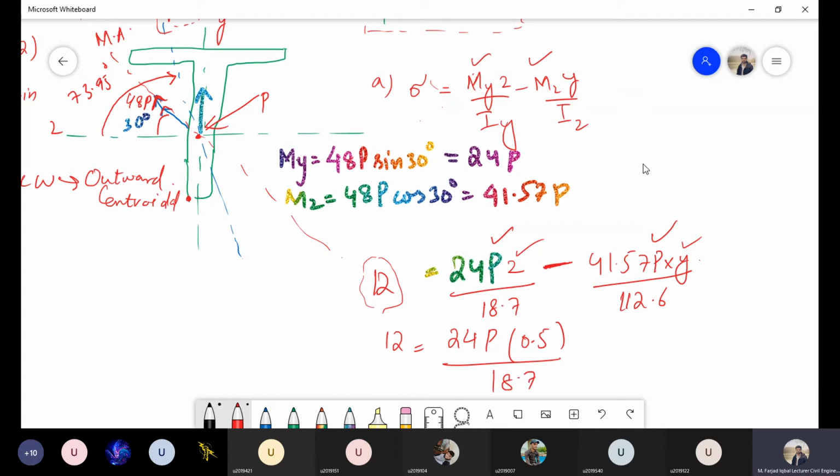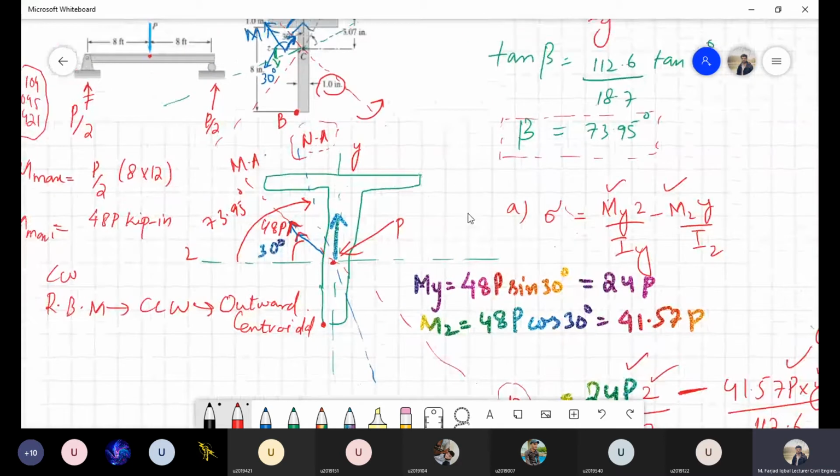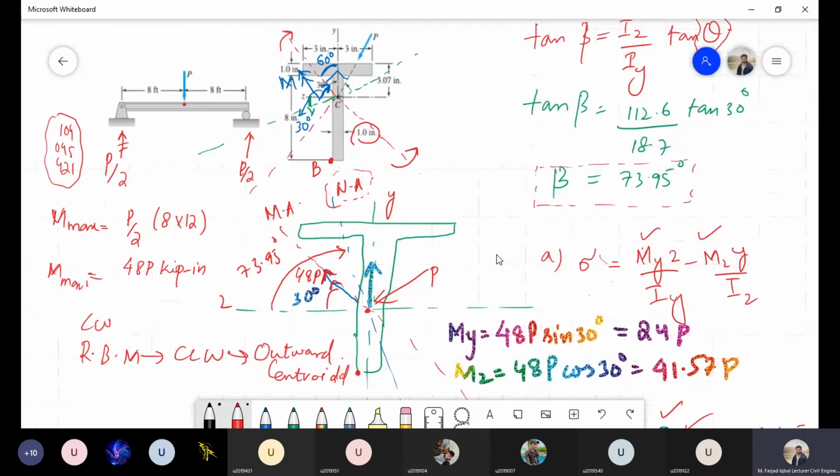And in the same way, now the y distance will be negative. So this negative will multiply with this one, and we will get this as positive. What will be the y distance? Y कितना होगा?